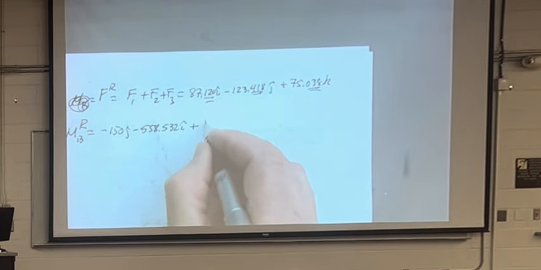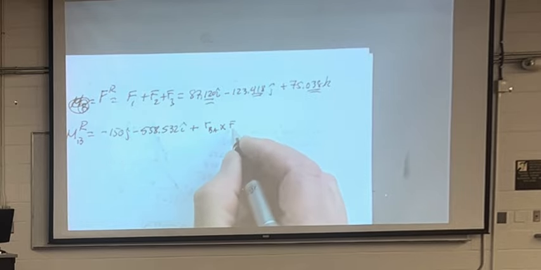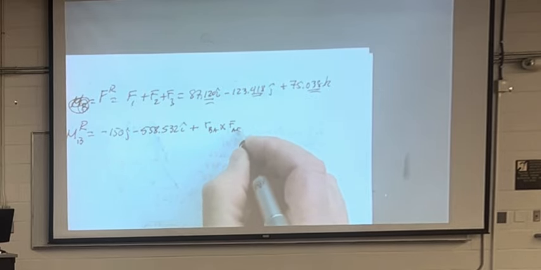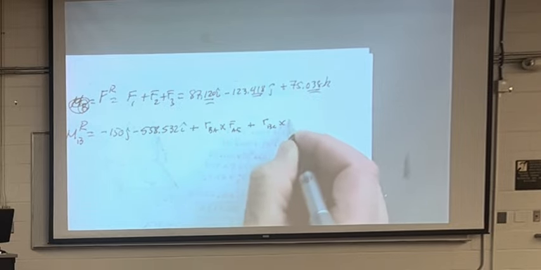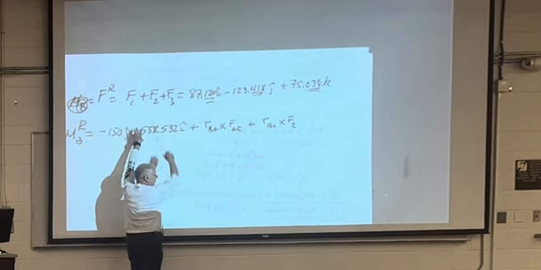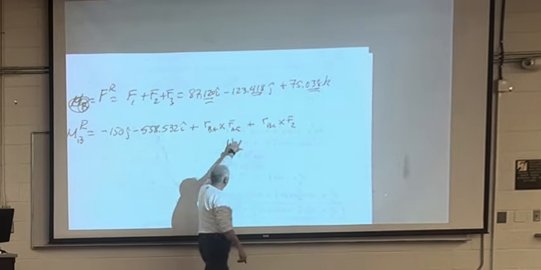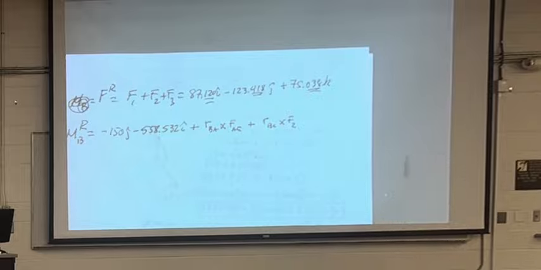That would be RBA crossed with FAE plus RBC crossed with F2. These are already moments, so you just dump them in. These are two forces that are creating moments at B. The other force is at B and creates no moment because its line of action goes through B.